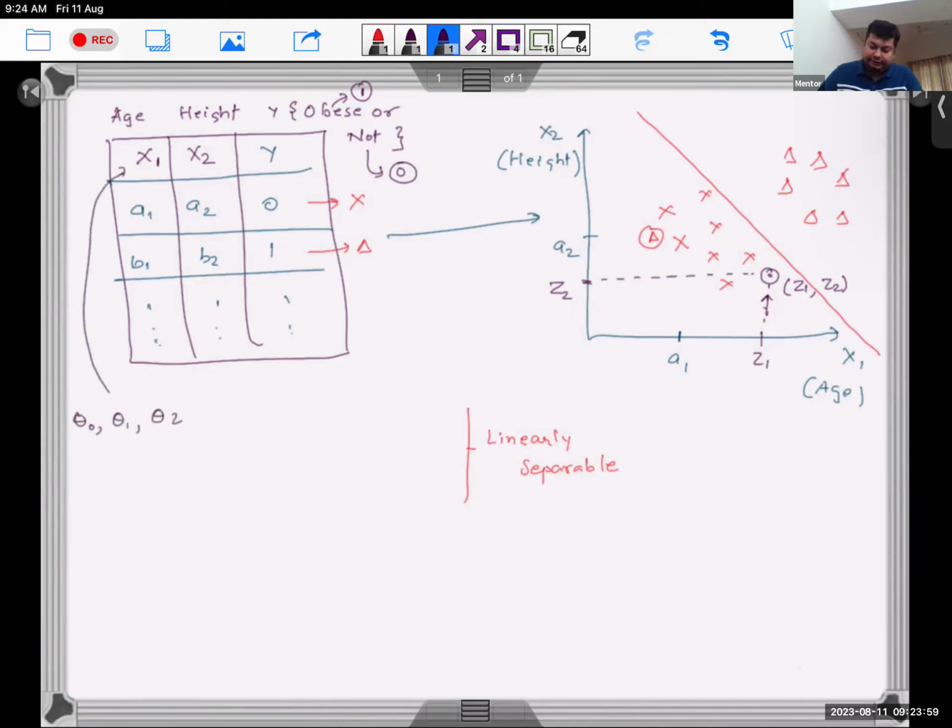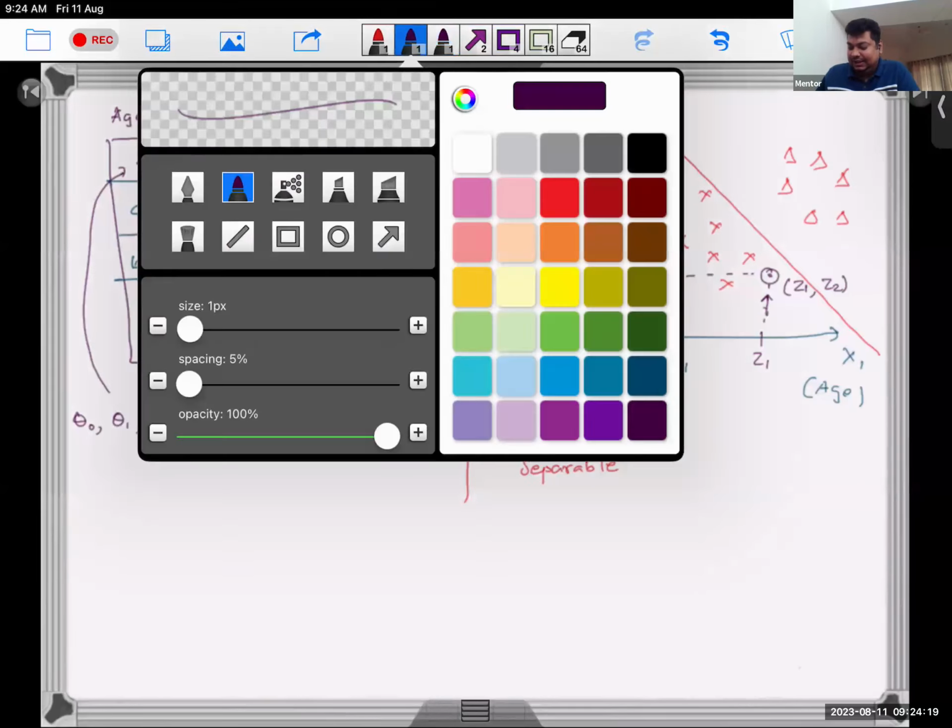Theta 1 is for x1 and theta 2 is for x2. Theta naught is the intercept term. Do you want me to go to the nitty-gritties, or do you want me to just explain, use this and you will get your thetas? Details, okay. Let's see this.